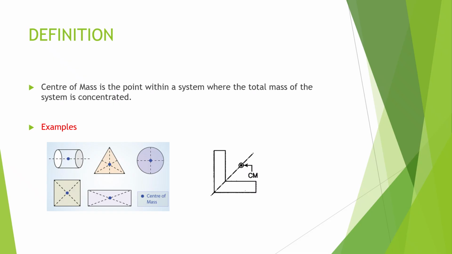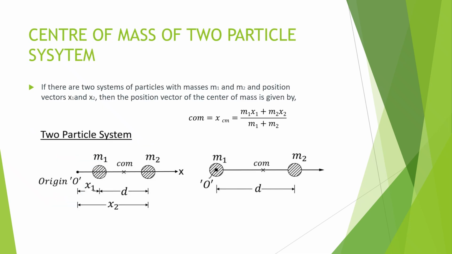In all these cases, we see that the center of mass is lying inside the body. But there are some special cases where the center of mass can lie outside the body. For example, for an L-shaped strip, the center of mass will be lying along this line where the entire mass would have been acting.